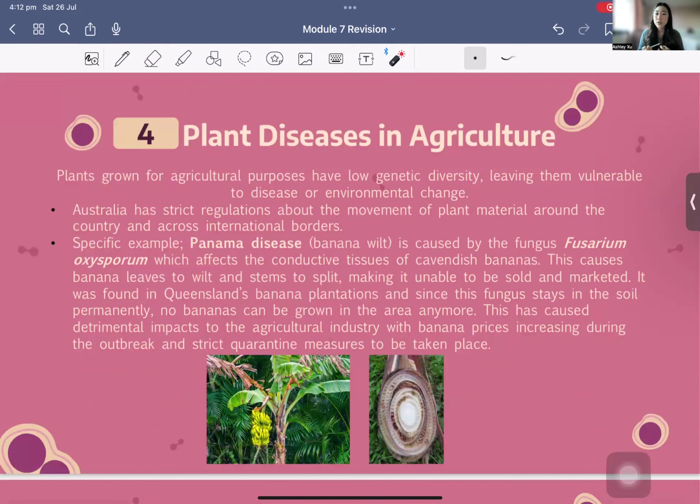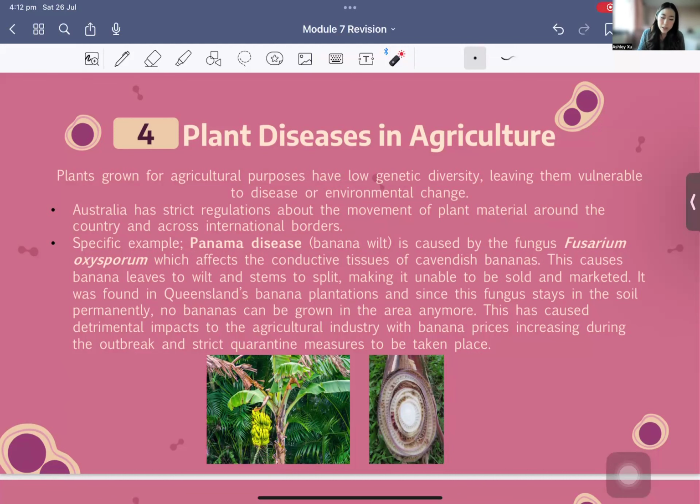So Panama disease is caused by a fungus, specifically the Fusarium oxysporum, and this affects the conductive tissues of Cavendish bananas. What are those tissues? They are the xylem and the phloem from year 11, okay? This causes the banana leaves to wilt and the stems to split. Why? Because we're affecting the xylem and phloem. Those are the systems that are necessary to provide enough nutrients and water to our leaves.